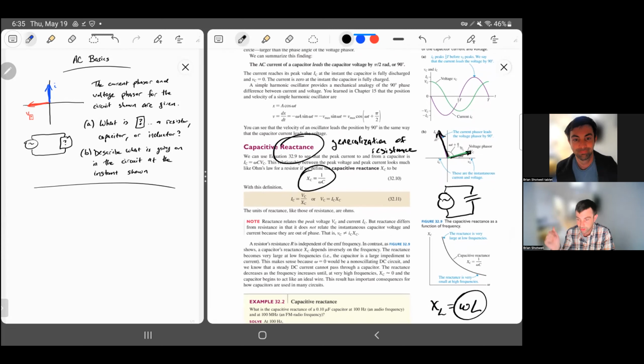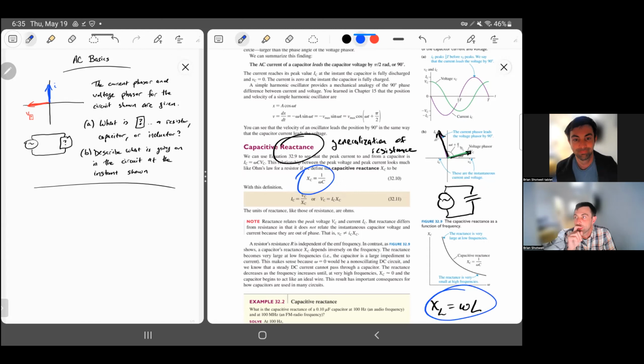And if you had 1/seconds times henries, you get ohms. What's interesting here is that the frequency omega is in the denominator for this one, and in the numerator for the inductive reactance.